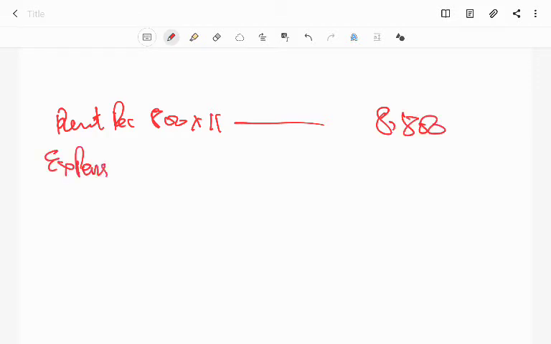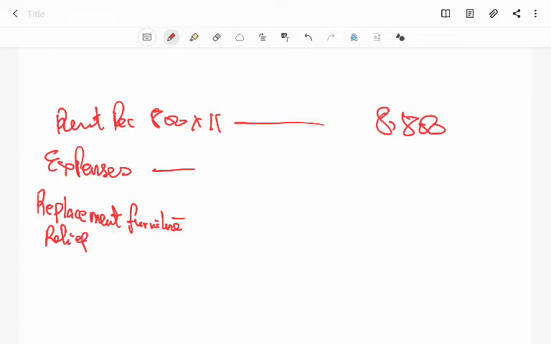Expenses: replacement furniture relief, 300 minus 50, I will get 250.